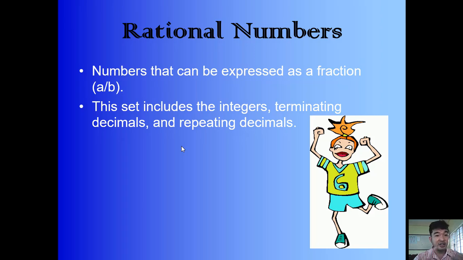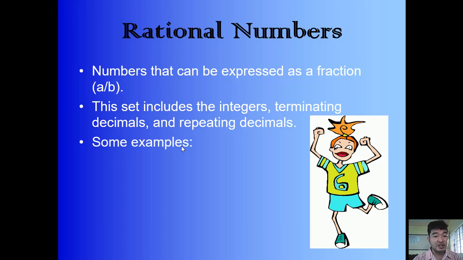So, ibig sabihin lang nun, yung integers, whole numbers, and natural numbers are all part of rational numbers. Ibig sabihin din, si natural numbers at saka si whole numbers, part ng integers. Okay? And then, si natural numbers, part siya ng whole numbers.